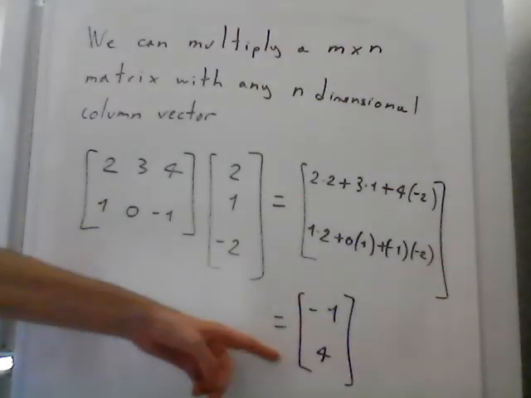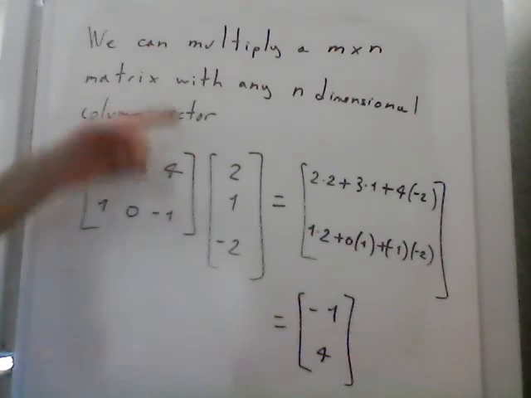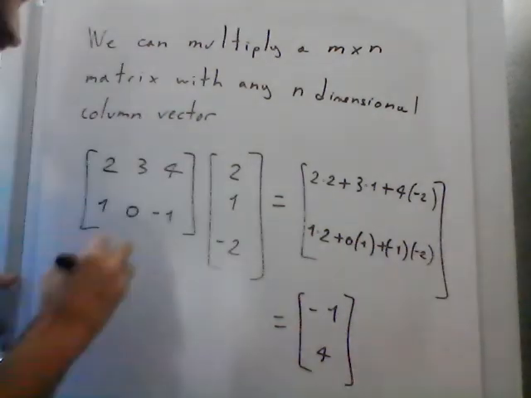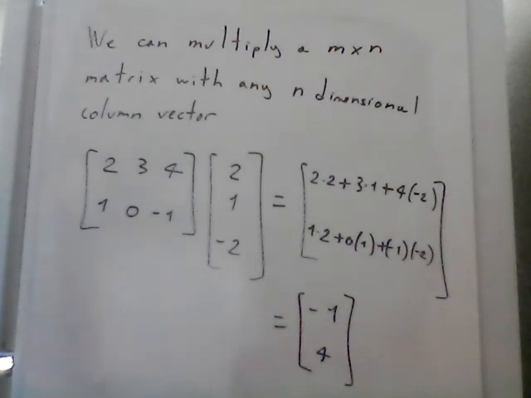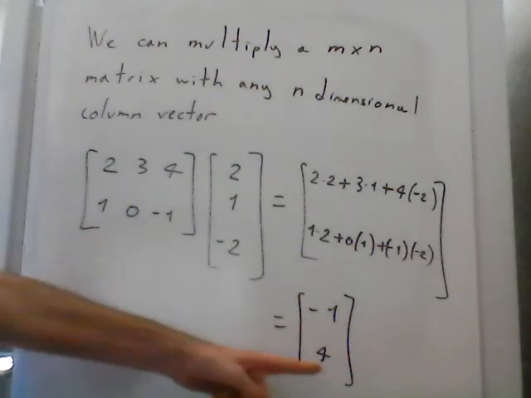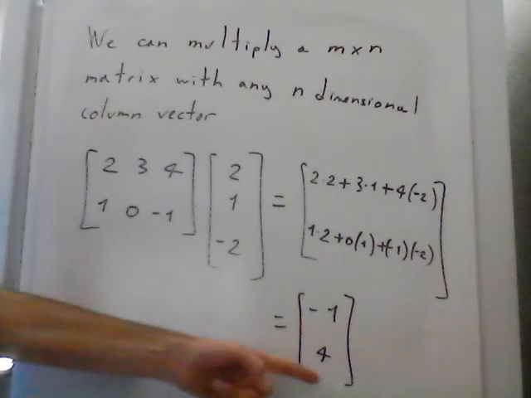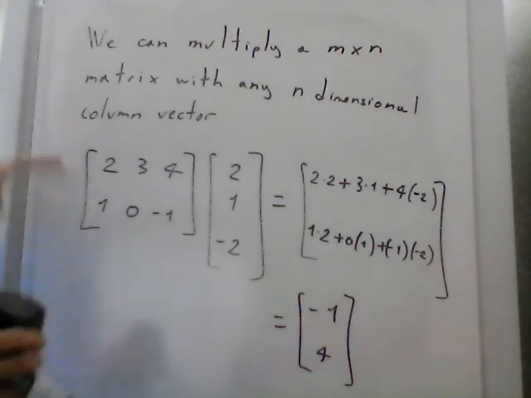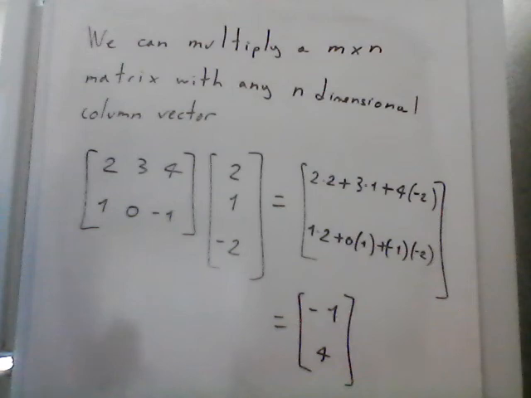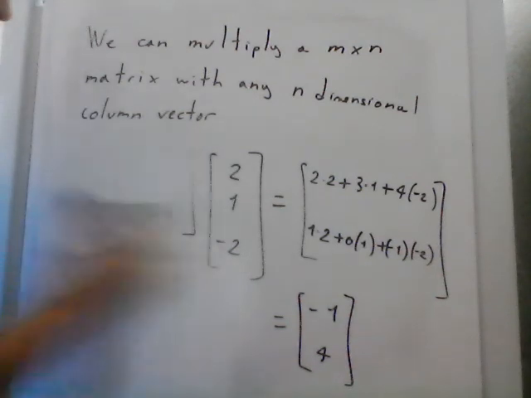Okay, so we get an m-dimensional vector, because the vector that you get has a number of components equal to the number of rows of the matrix you started with.